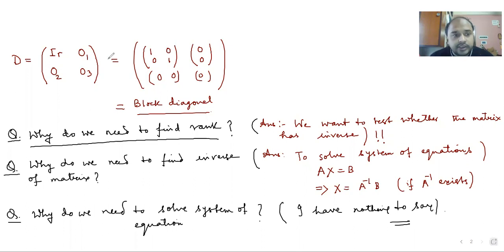Now, suppose I'm considering this linear equation Ax equal to b, and you know that this equation can be written as x equal to A inverse b, if A inverse exists.